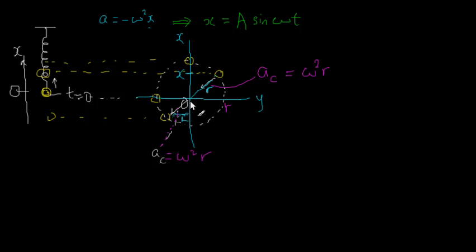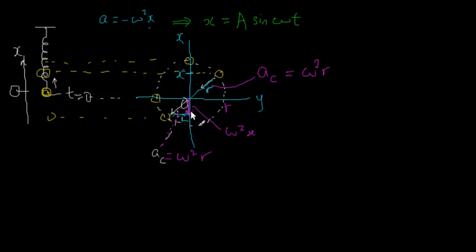Therefore the vertical component, which is given by this side of the triangle, since the ratio of these two sides must also be x is to r, just like this side and this side, if this side is omega squared r, then that side must be omega squared x. And you see, we now have this similarity. The vertical component here is omega squared x, and that also happens to be omega squared x.